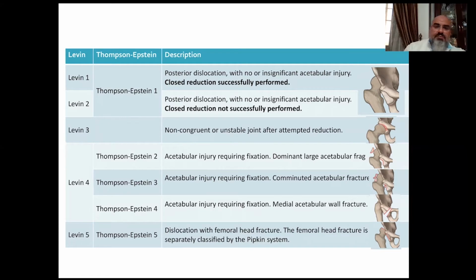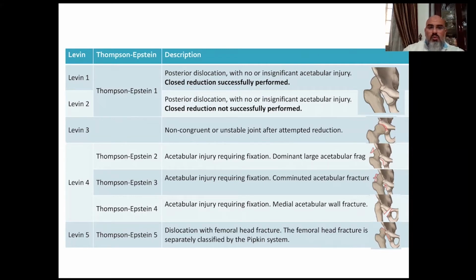So in Levin type 1 and 2 and in Thompson-Epstein type 1, we have mere dislocation without any associated fracture, and we could perform a stable reduction.